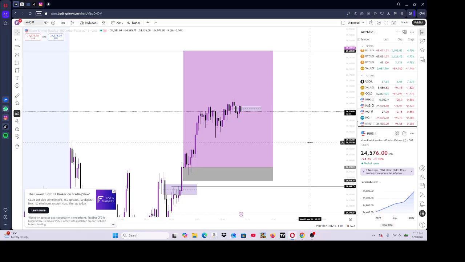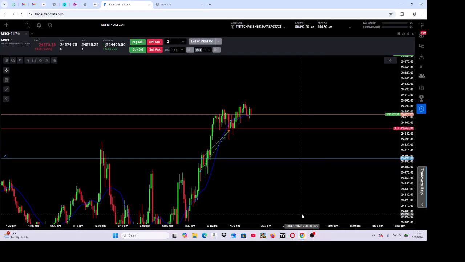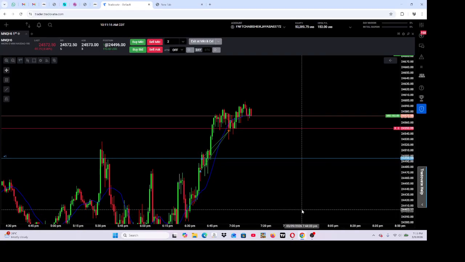It's not going to be worth staying. I don't think it will come and grab these highs on liquidity. It's around 30 minutes since the market opened. Didn't get any clear move.